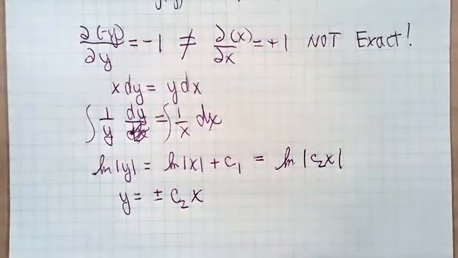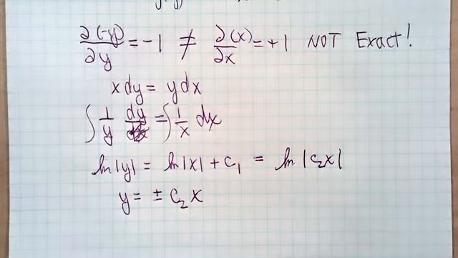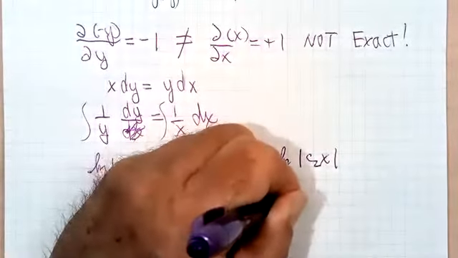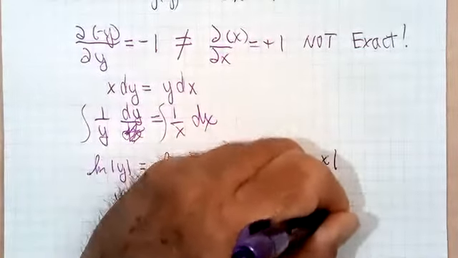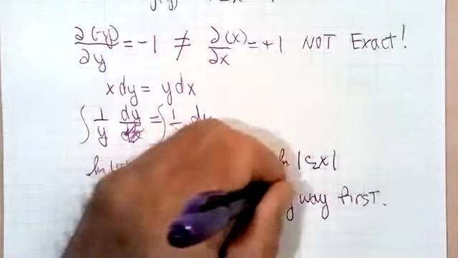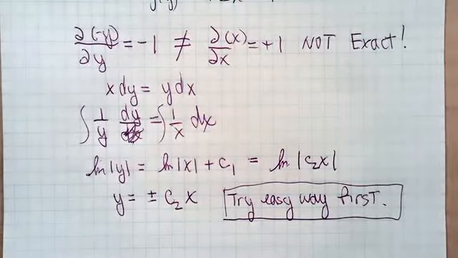You don't have to go through all the trouble of using the methods of exact differential equations. So the second thing I want to emphasize here is try the easy way out first. The only two methods we have right now are separation and exact differential equations, and separation is generally easier. So try the easiest thing first.